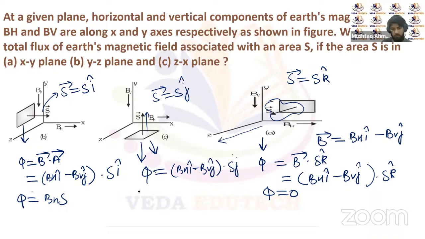So the flux here will be minus Pv S. This is how we can calculate the flux through different loops in different situations, but we have to make sure that we calculate the proper direction of the S vector with respect to the magnetic field vector.